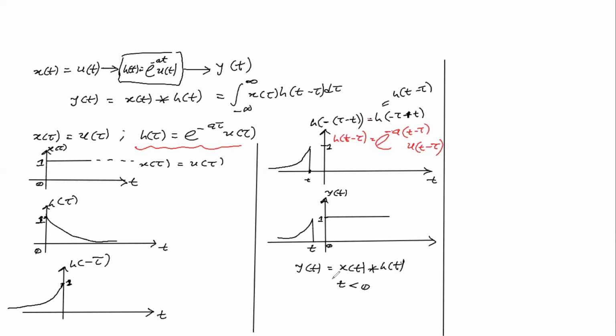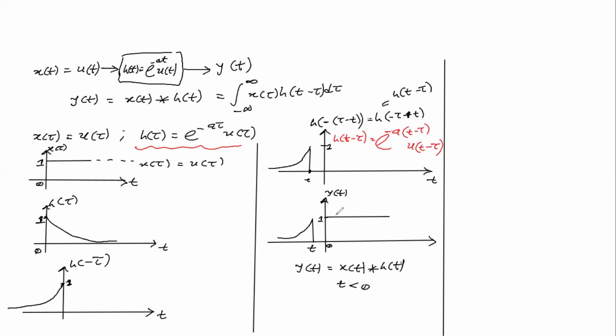But if we try to multiply these two signals, they don't overlap in any way. So the output will definitely be 0.